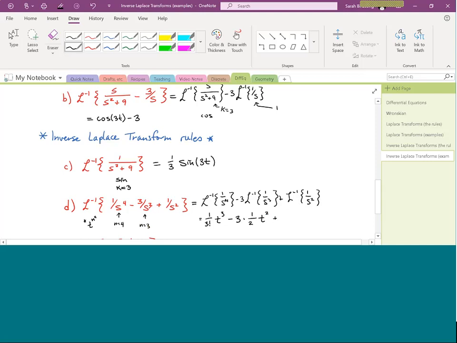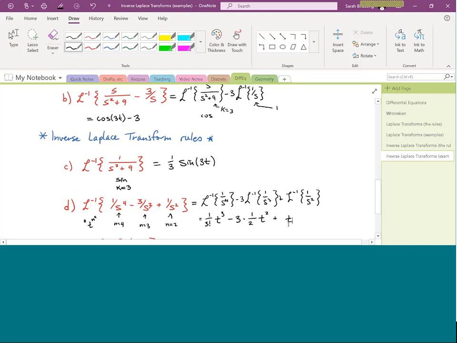And in our case, technically the formula says it's 2 factorial, but 2 factorial is exactly the same as 2. Now, last term is 1 over s squared. So here's where our n equals 2. So you guys tell me, what do you think that last term is going to turn into in terms of t's? Yep, this guy turns out to be just plain old t. The exponent is 1, and then you have 1 over 1 factorial, which is still 1.